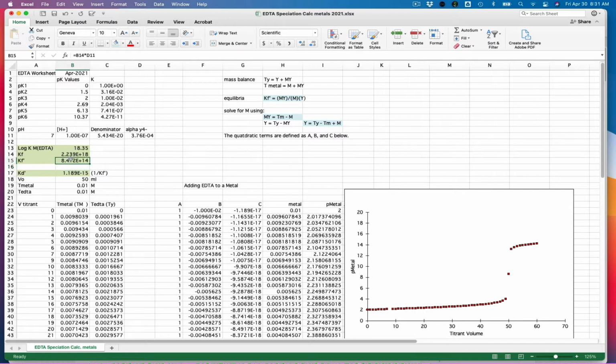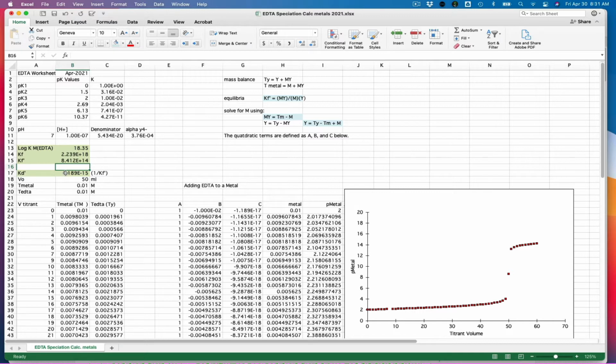So KF prime is simply the K times the fraction of EDTA that's available for binding, and you'll notice that KF prime is smaller than KF by the alpha, but it's still really big, which is why EDTA is an effective Lewis base to bind metals.